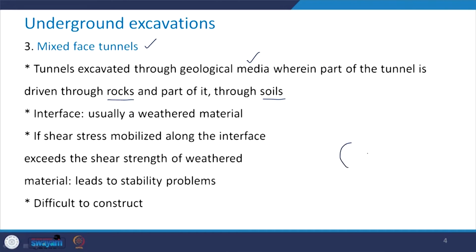Say this is your tunnel cross section, and say this is the interface, which is continuing on this side as well, like this. And say here it is your ground surface.